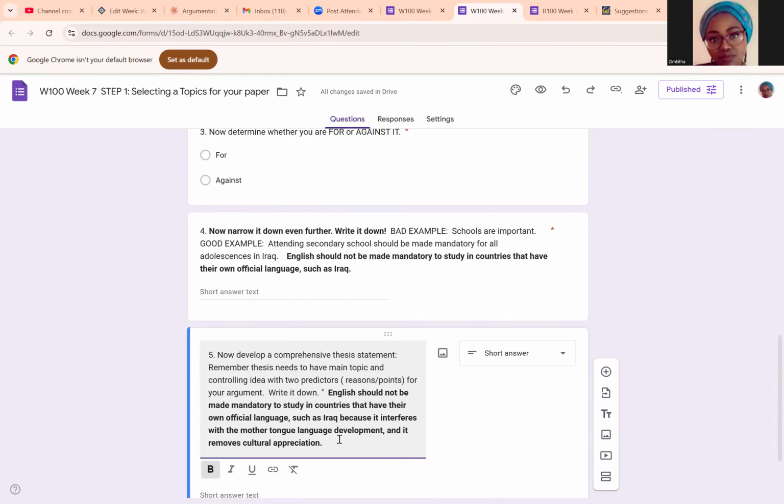For example, even our restaurants nowadays have food from other cultures. Now people are moving away from their own cultural foods and appreciating something else. So it is removing cultural appreciation. It is disconnecting people from appreciating their own culture. Those are the two things that I will talk about.